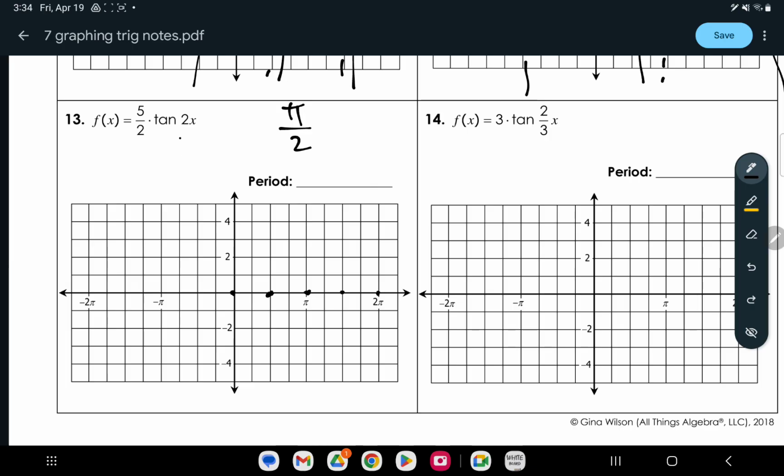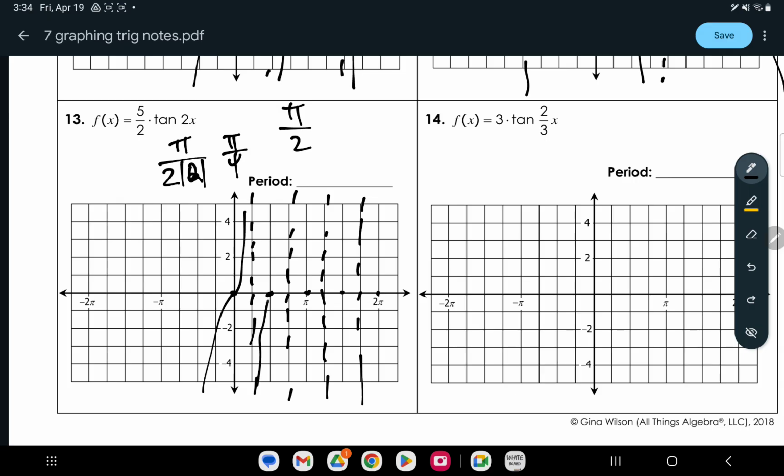And the asymptotes are at pi over 2b, which is 2. So pi over 4. So it's going to look something like that. Something like that. God, I'm terrible at drawing.